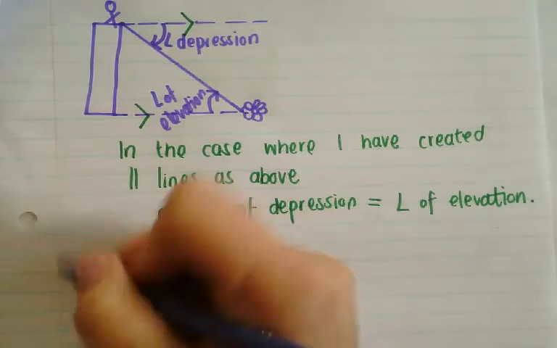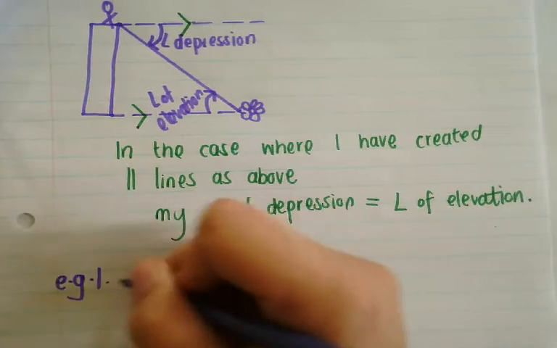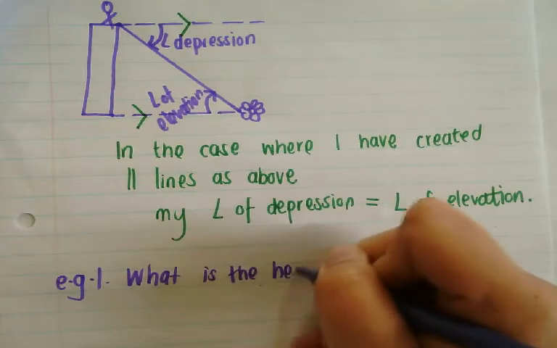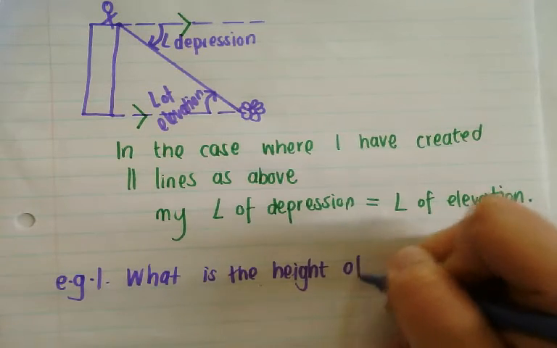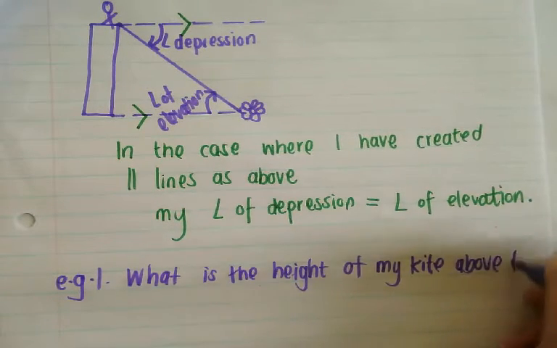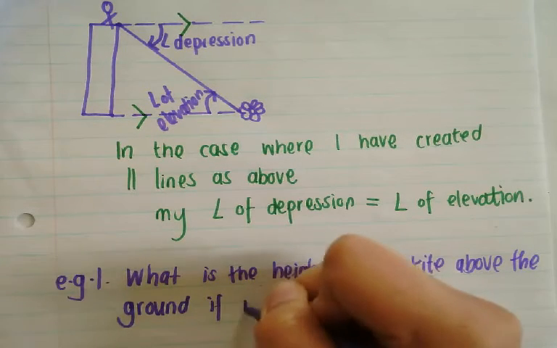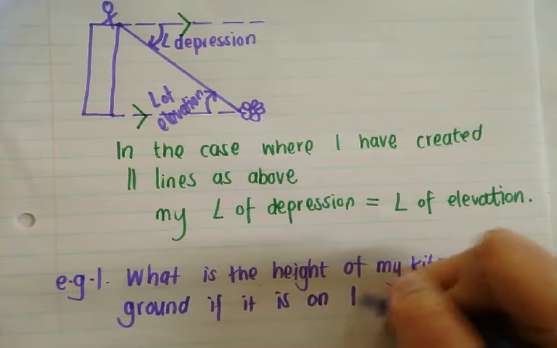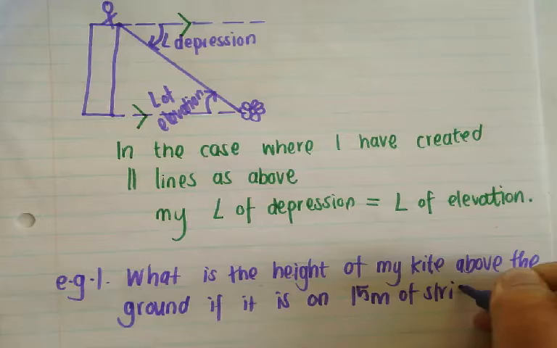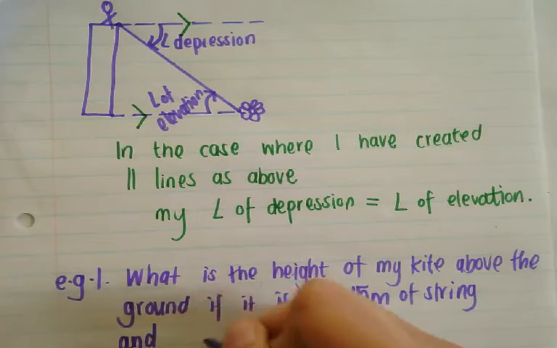So my first example, example 1: what is the height of my kite above the ground if it is on a string of 15 meters and is flown at an angle of 52 degrees?